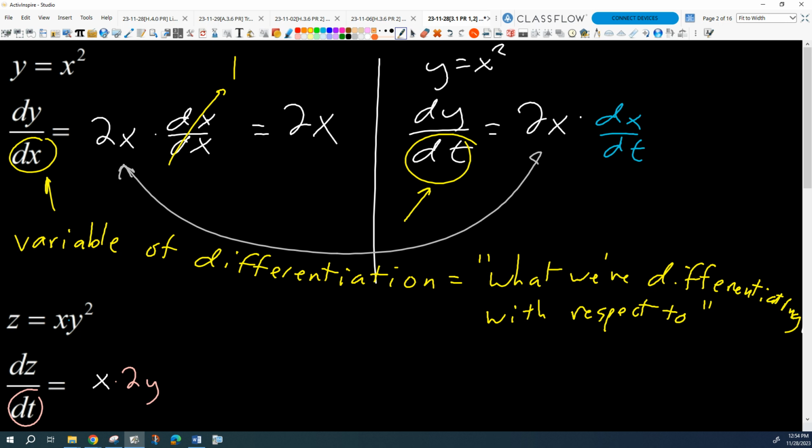So I'm differentiating with respect to a variable that doesn't even show up in the function. But that's okay to do. How do you multiply it by dx/dt if we don't know what that is? Well, presumably maybe we might know what it is. Maybe we have some initial conditions where we could plug that in. That is the mathematical relationship.